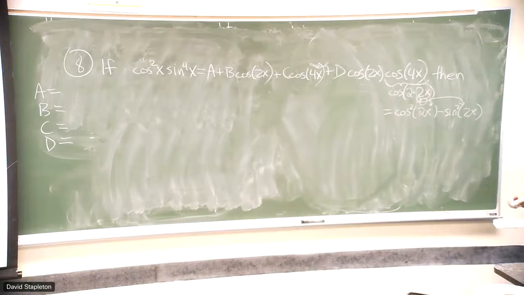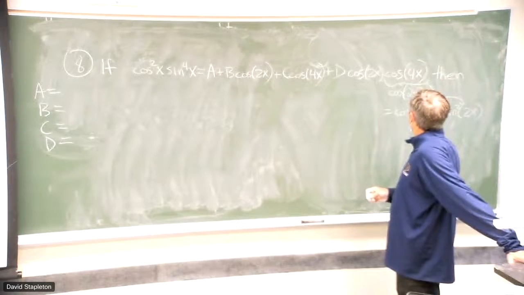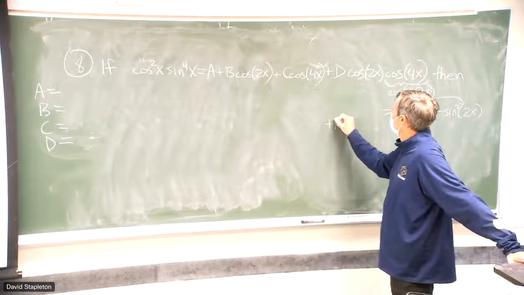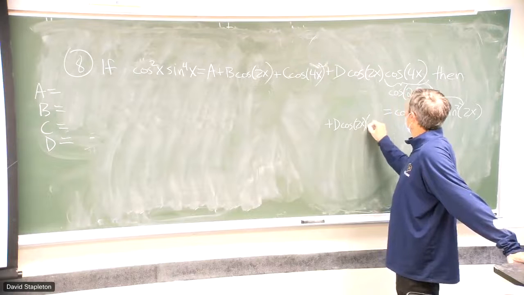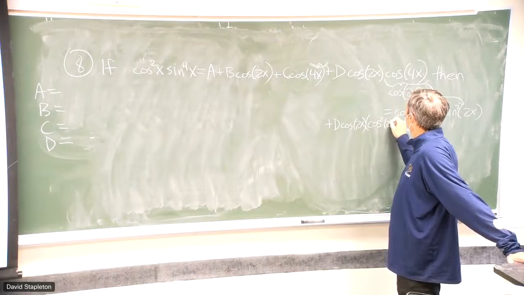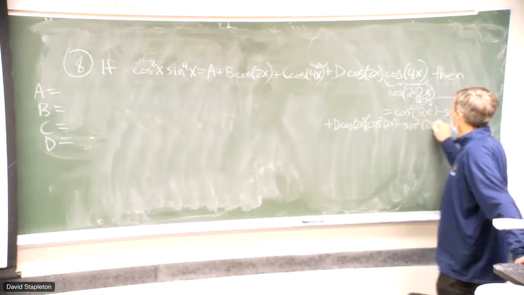So it's cosine squared 2x minus sine squared 2x. Aha. Now I'm getting somewhere. So I can write this as plus d times cosine 2x times cosine squared 2x minus sine squared 2x. If you don't get every one of these, that's all right.